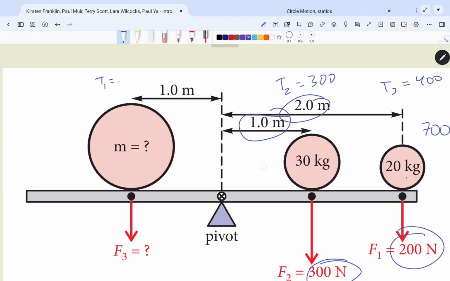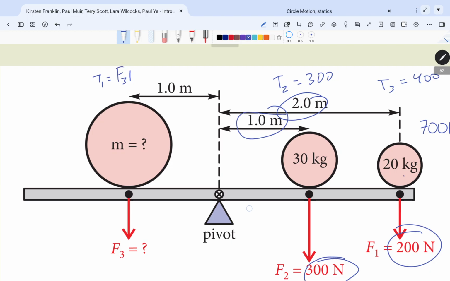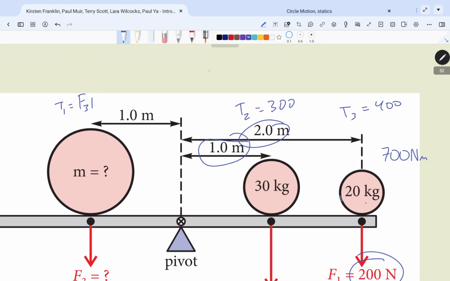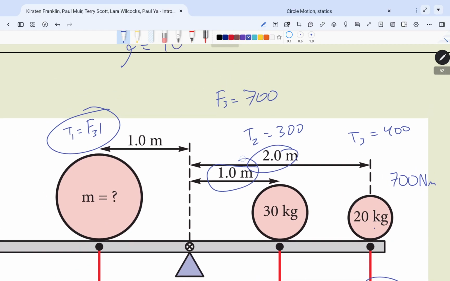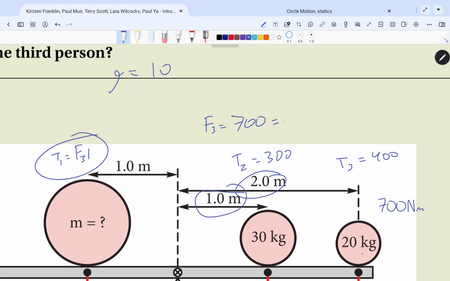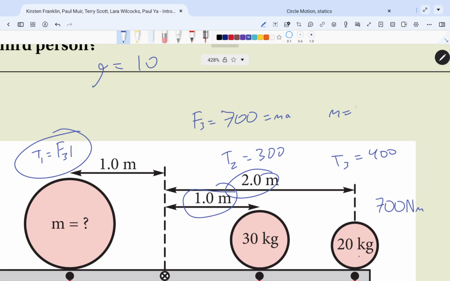It equals F3, which we don't know, times 1. What do we know though? The torque on the left hand side equals the torque on the right hand side, which we found to be 700. So now we know 700 is equal to the force on the left. Remember, that equals mass times acceleration. We're trying to find the mass. We just said acceleration is 10, gravity. So m equals 70.